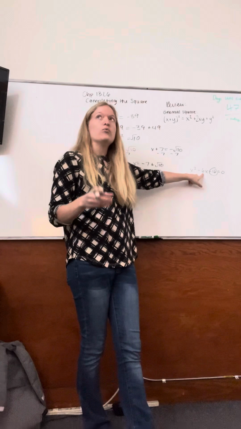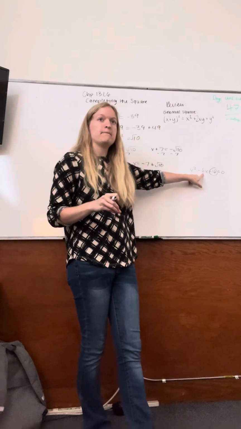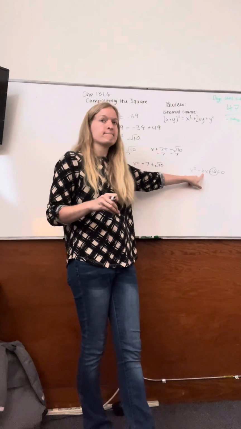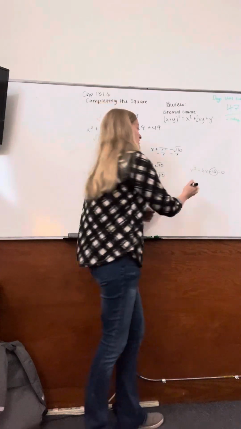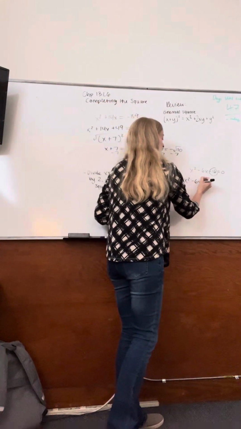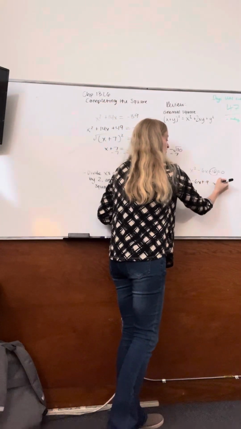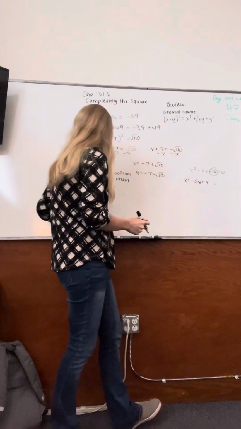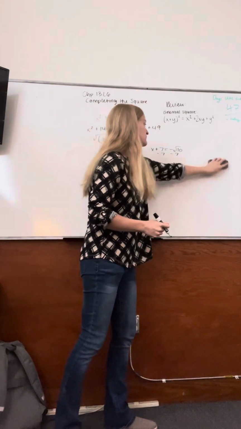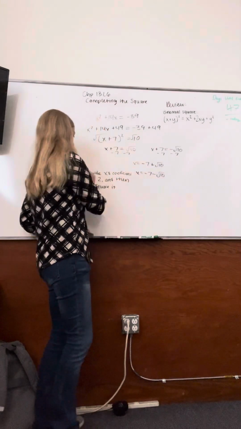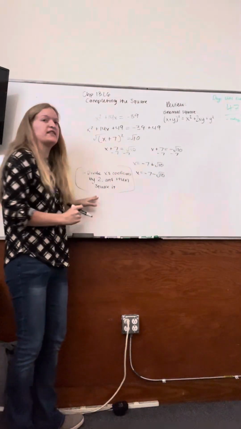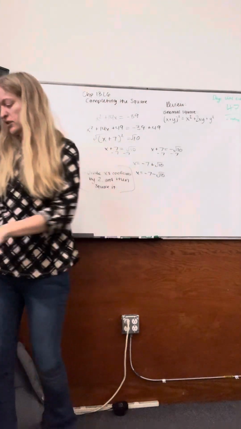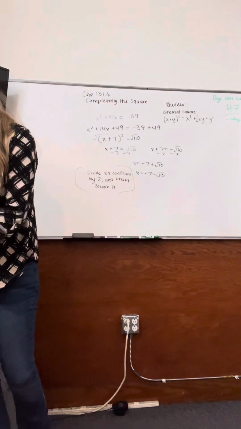Negative 3. And what is negative 3 times negative 3? Positive 9. So that's why we added 9 to both sides. Cool. So here is the rule. You can write that down for future, and we can use that shortcut to complete the square now.